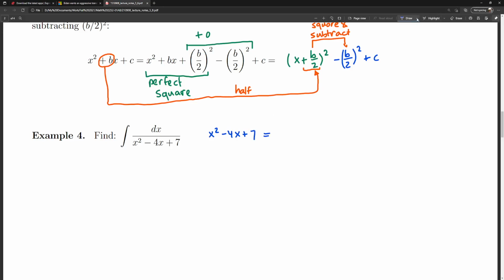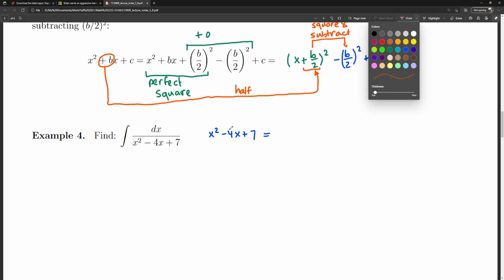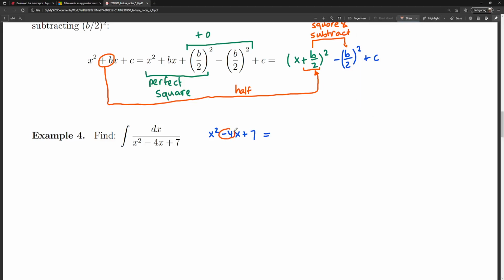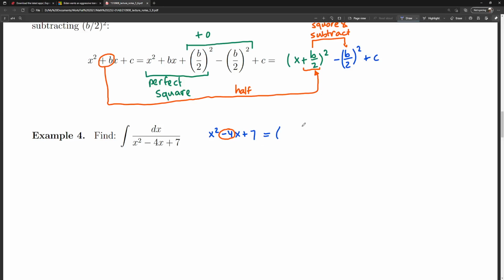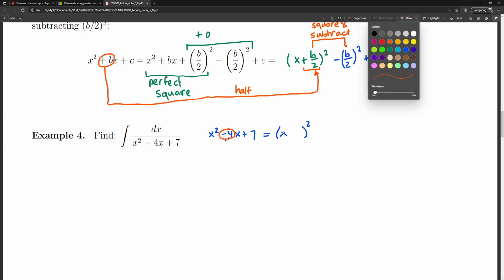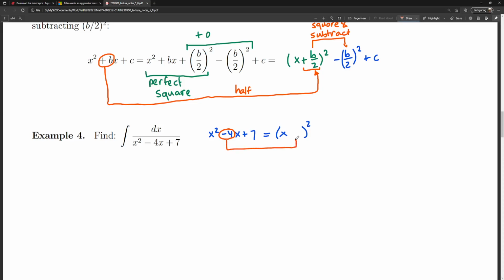I'm going to look at what's in front of the x, that's negative 4, and take half of that. I'm going to tuck that into the parentheses here. So I'm going to have x, and then half of negative 4 gives me negative 2.